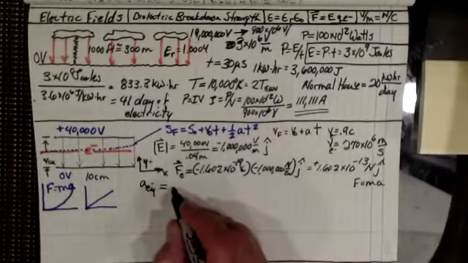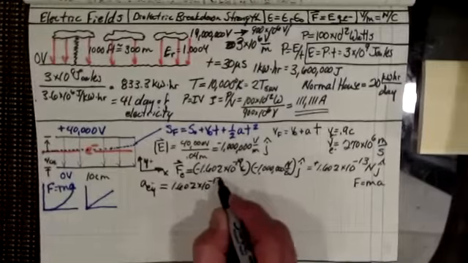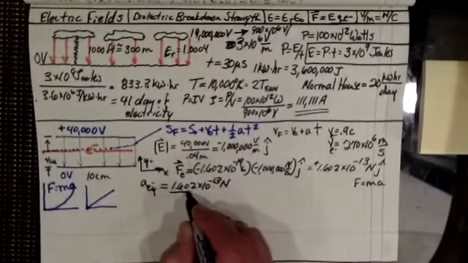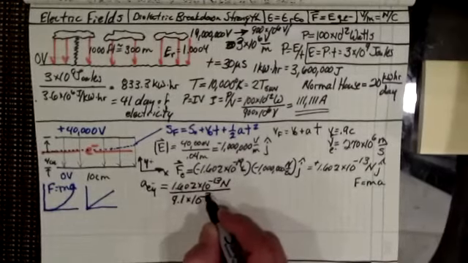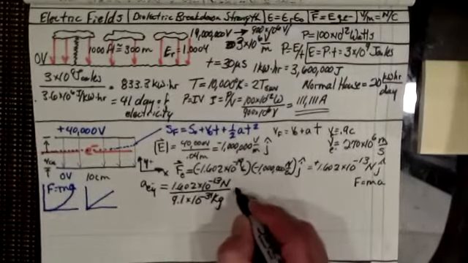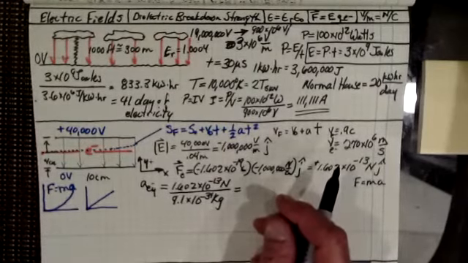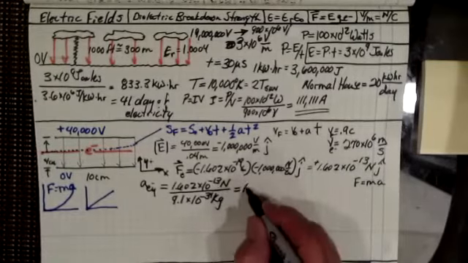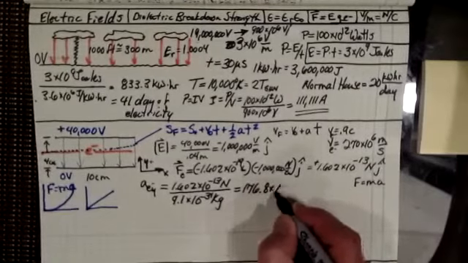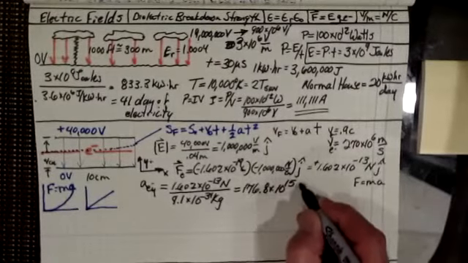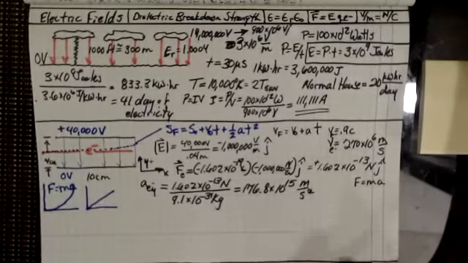We know what the force is: 1.602 times 10 to the minus 13 newtons. We know the mass of an electron, 9.1 times 10 to the minus 31 kilograms. So the acceleration in the y direction is going to be 176.8 times 10 to the 15 meters per second squared.